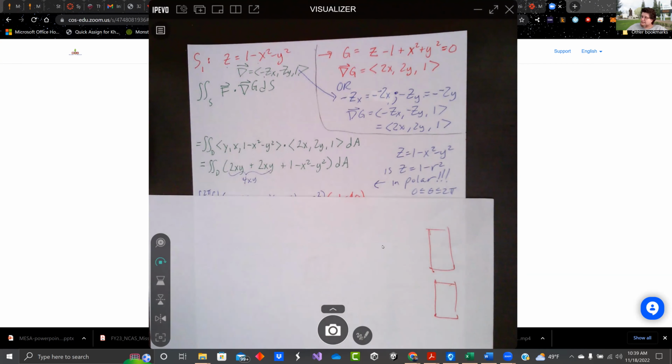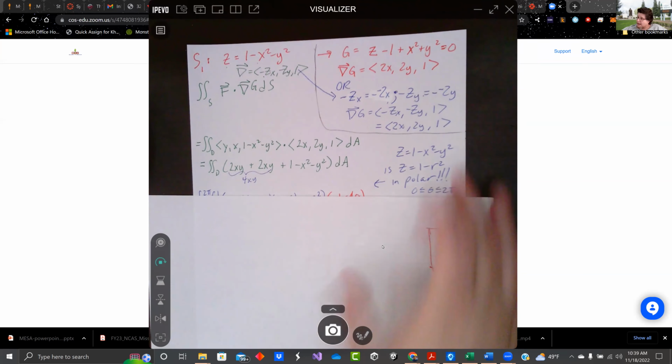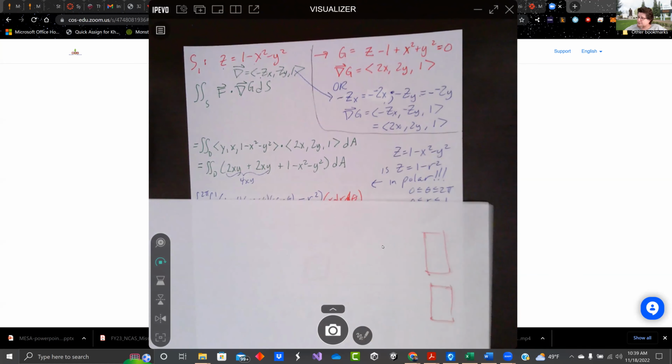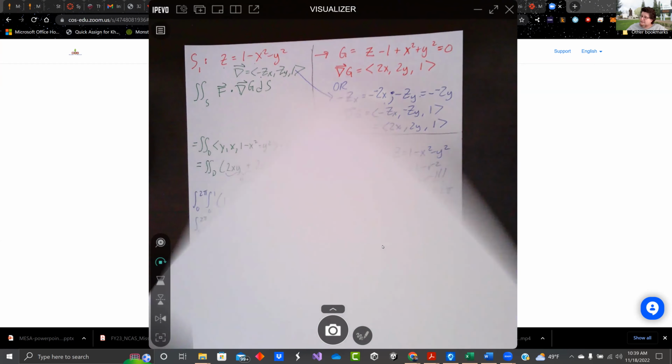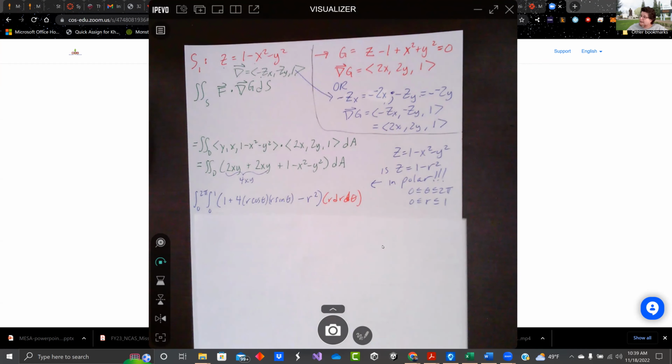All right. So I set up my F dot g, and I get 2xy plus 2xy plus 1 minus x squared minus y squared. The projection is into the xy plane. The paraboloid looks like a circle in the xy plane, so maybe we should switch to polar. I combine the 2xy's together to get 4xy.